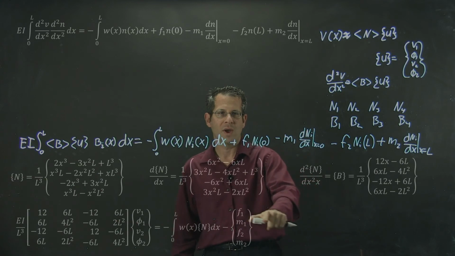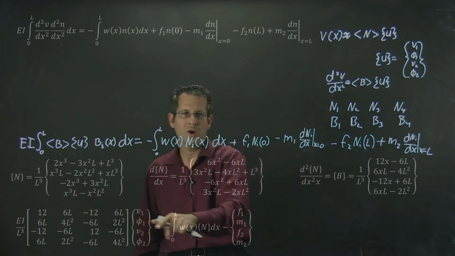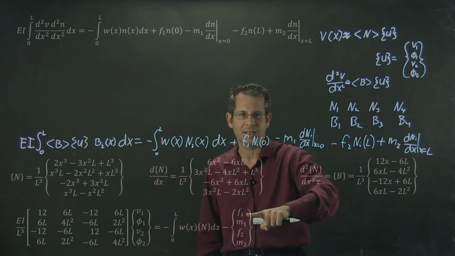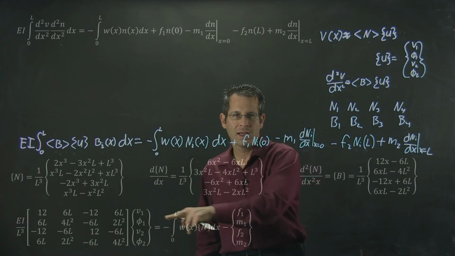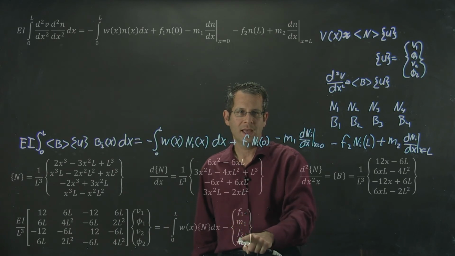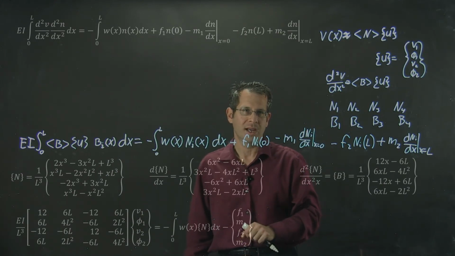The result of which is if this row represents when i equaled 1, I'm left with just F1 multiplied by 1. When i equals 2, I'll be left with M1 multiplied by 1. And when i equals 3, I'll be left with F2 times 1. And all these other terms would have been multiplied by a 0.